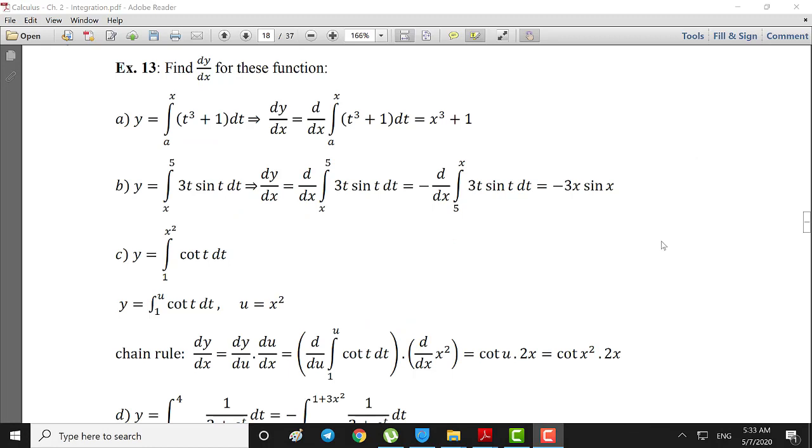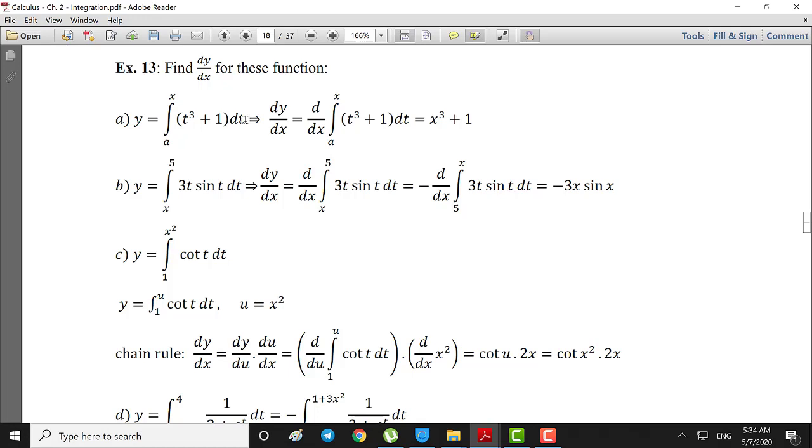In example 13, we use this fundamental theorem of calculus part 1 to solve some problems. And here we have some functions y which are in the form of integrations of some other functions, and their derivative is asked from us. Now, it says find d over dx for the following functions. In part A, the function y is the integration from a to x of t cubed plus 1 dt.